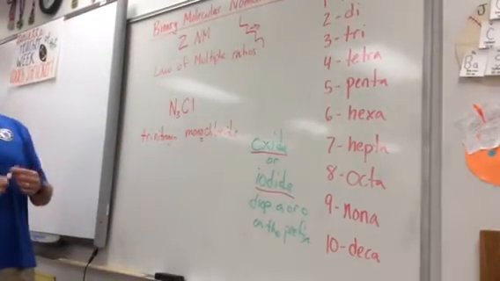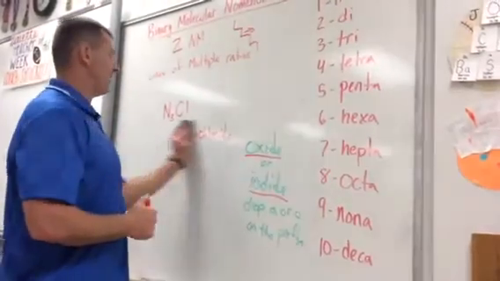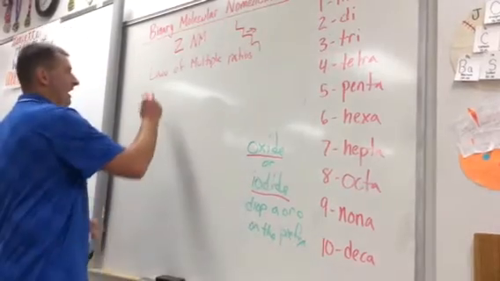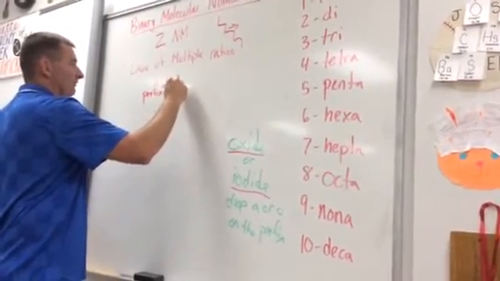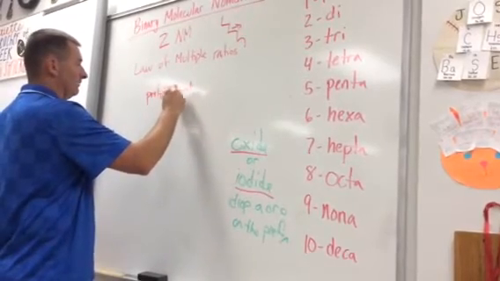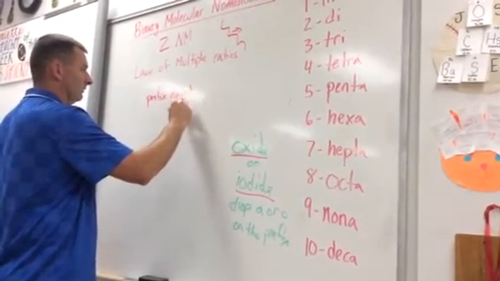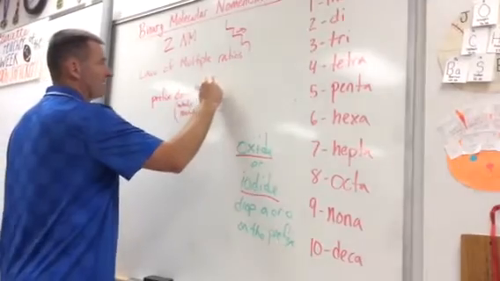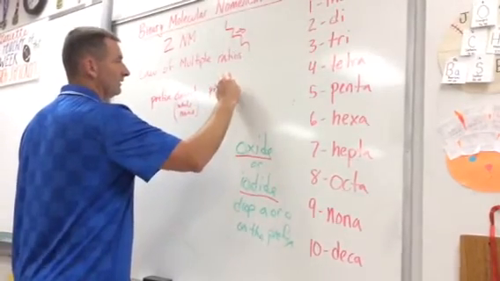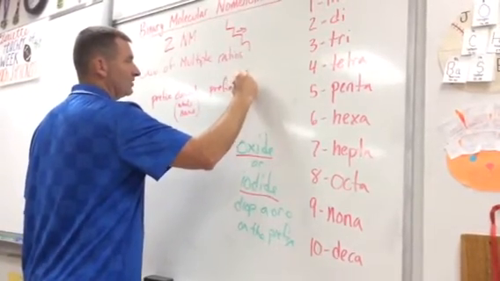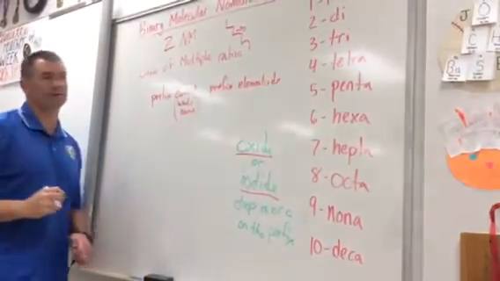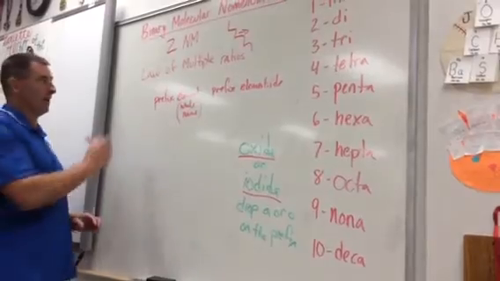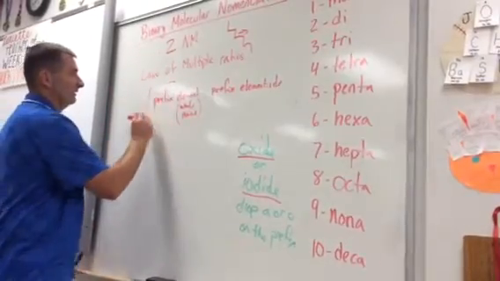All right, so just a quick review. Anytime I'm doing these, you're going to have prefix, element, you keep the whole name, and then you're going to have prefix and element changed to IDE, just like we did with the binary ionics. So that is your base.